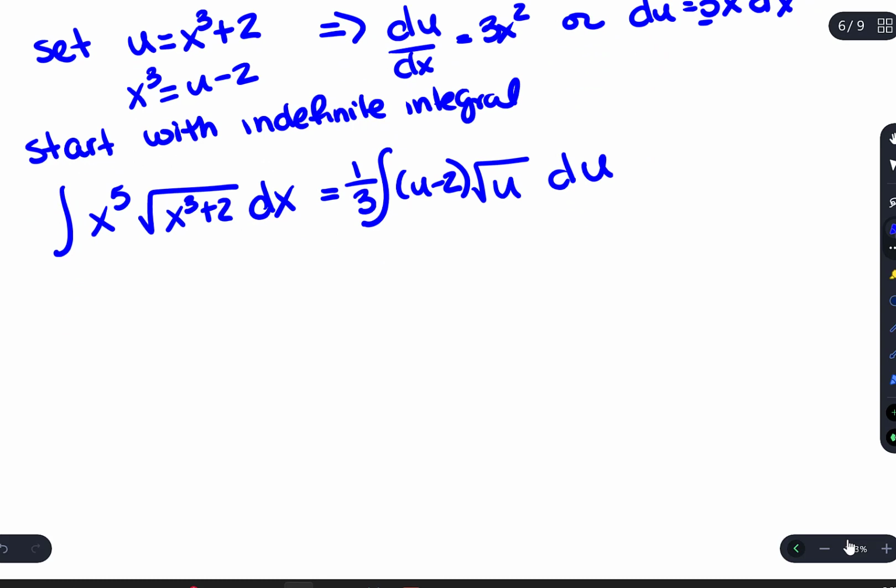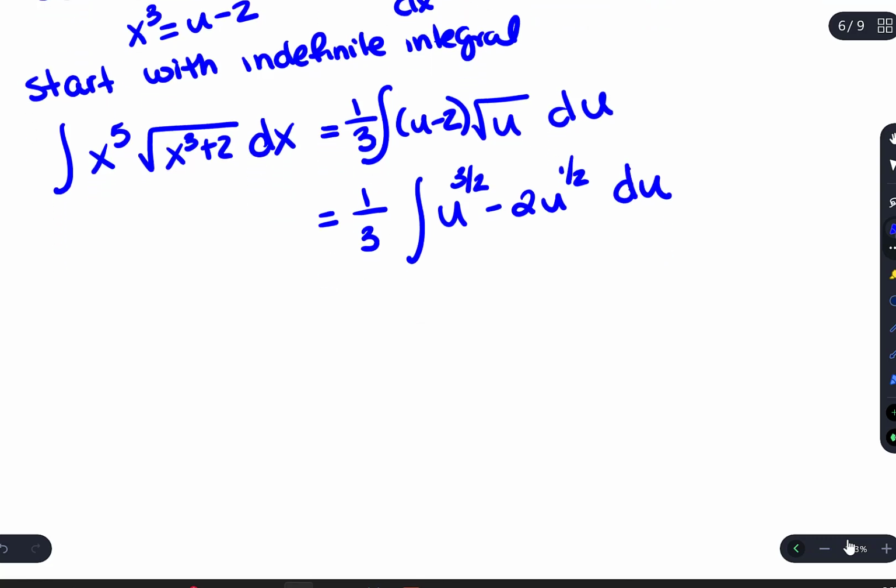Now to make this easier to work with, I'm going to multiply through by that u minus 2. First I'm going to have u times the square root of u, which is u to the 3/2 power, minus 2 times u to the 1/2. Since I have a sum, I can have the sum of the integrals, and I can use the reverse power rule.